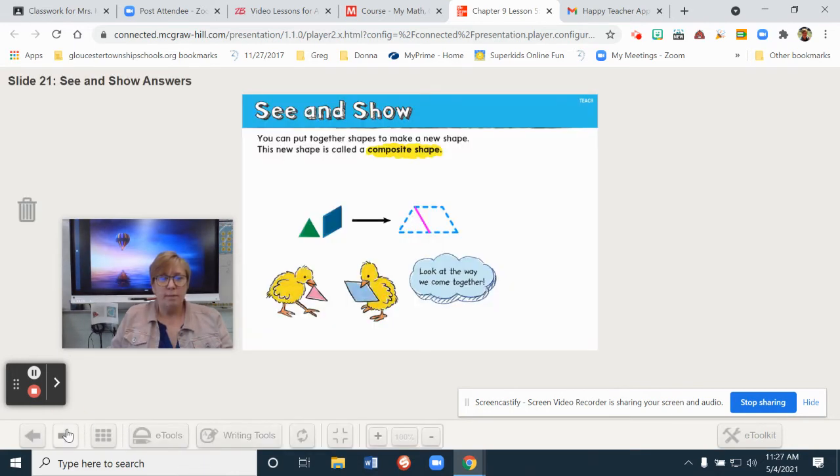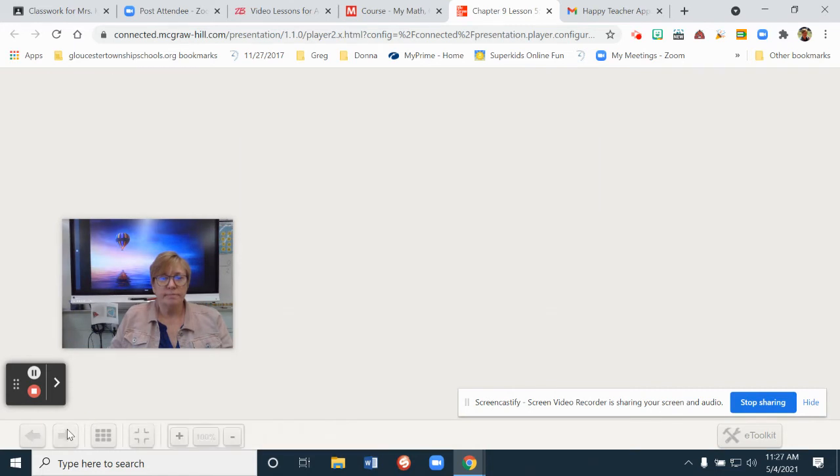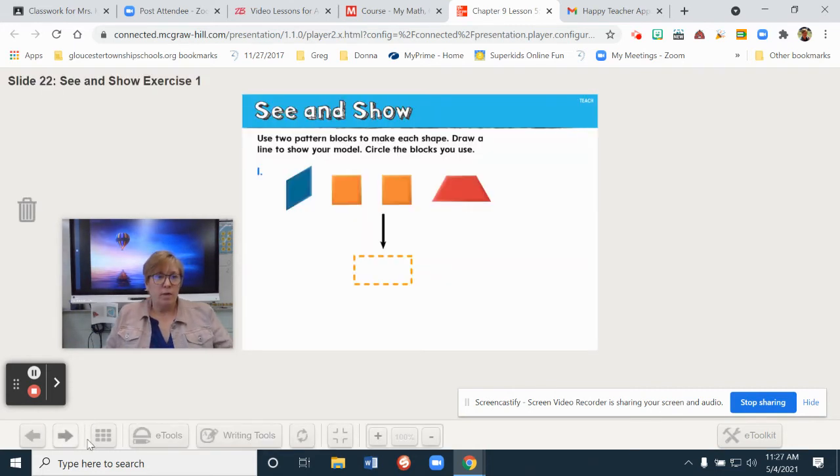Look at the way we came together. Now, for these, I just want to let you know that when they say use two, that's all you can use. You can't add more to it or anything. Now, use two pattern blocks to make each shape and draw a line to show your model. Circle the blocks you used.